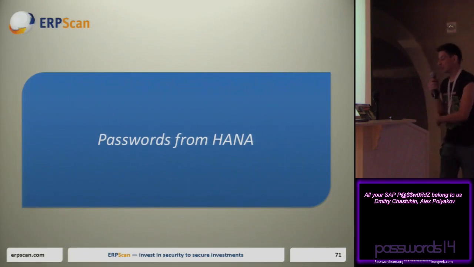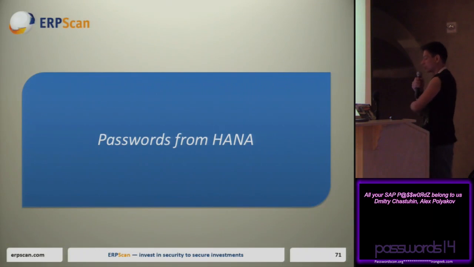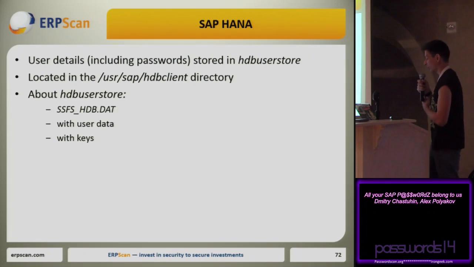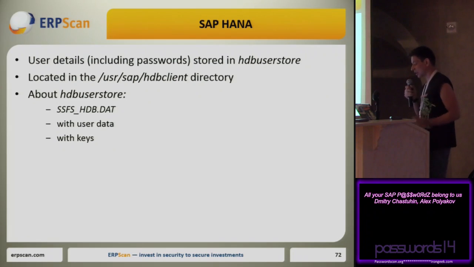And the last SAP module which I will describe is one of the new SAP products, the in-memory database SAP HANA. I do not have enough time for reviewing the system, so let's just go to password issues. A lot of interesting things HANA stores in the HDB user store. It is a kind of SAP ABAP security storage.